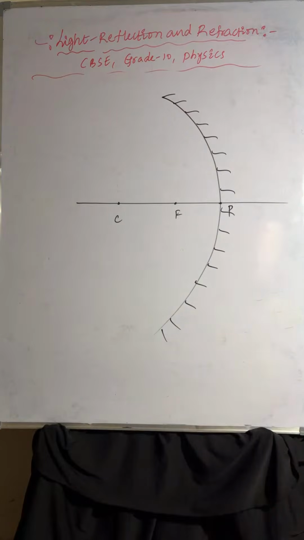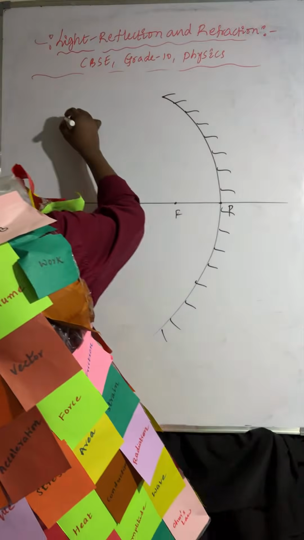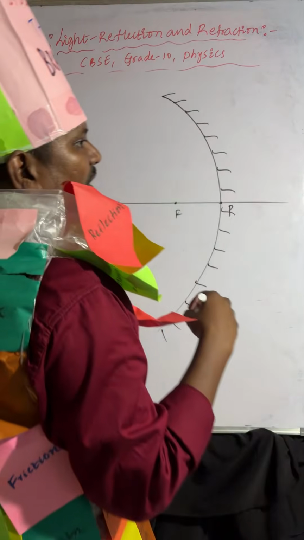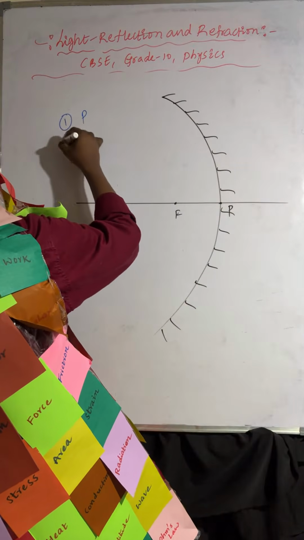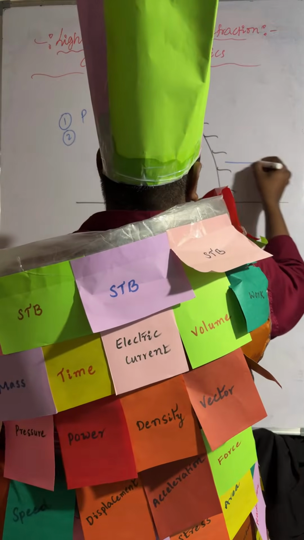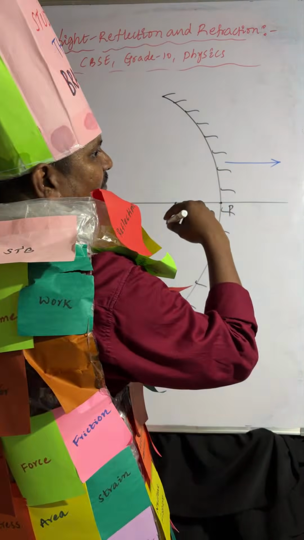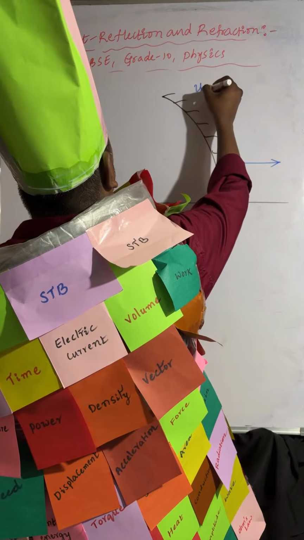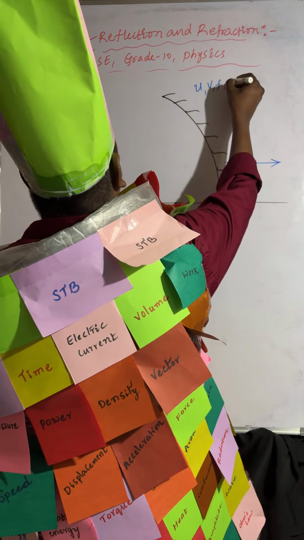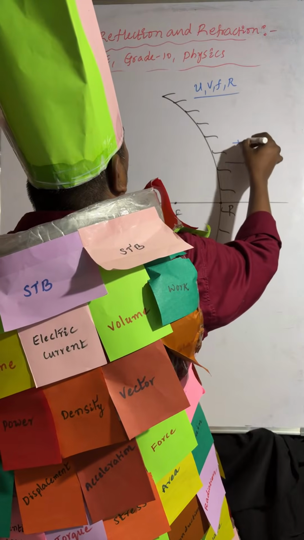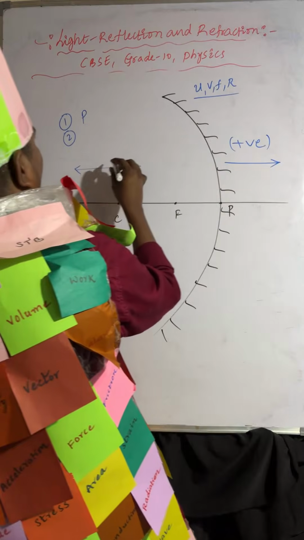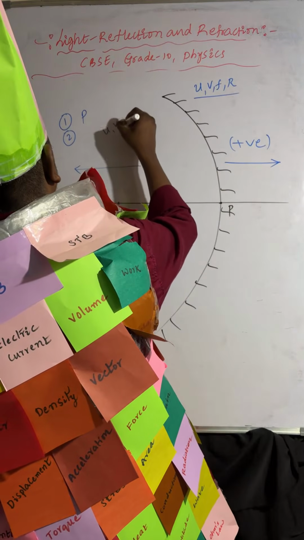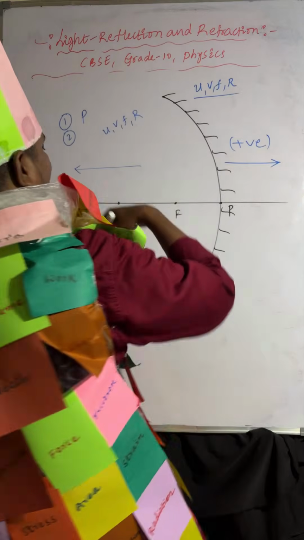Point number one: we have to take all the measurements from the pole. Coming to the second one, in the direction of the incident rays, object distance, image distance, focal length, and radius of curvature are all positive.